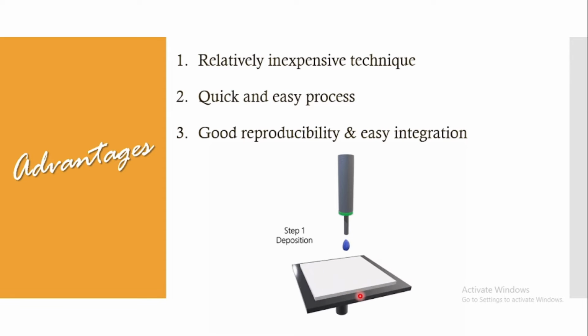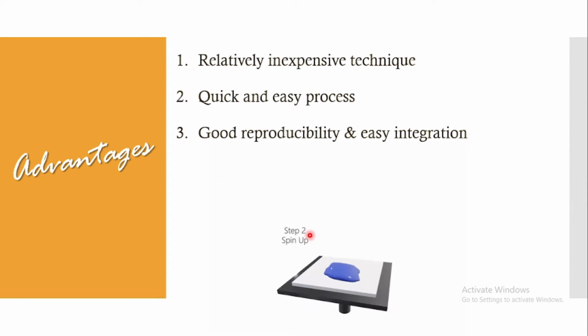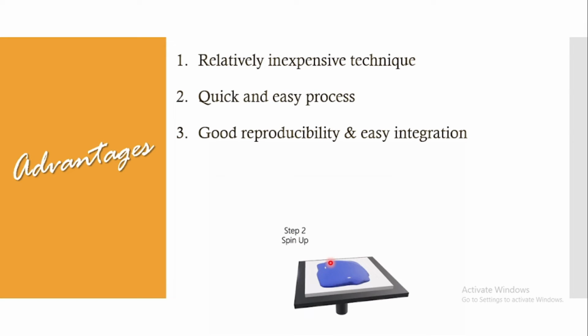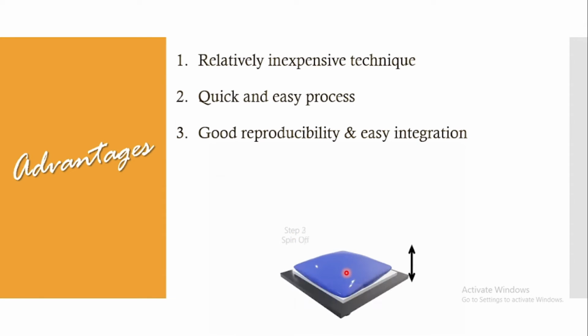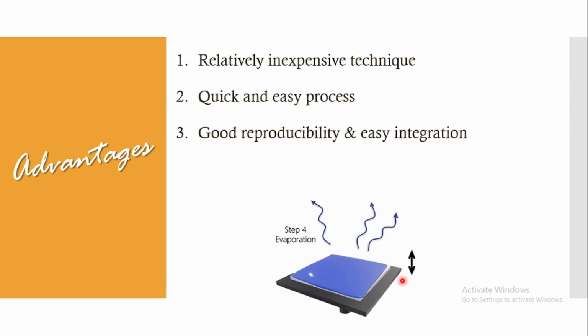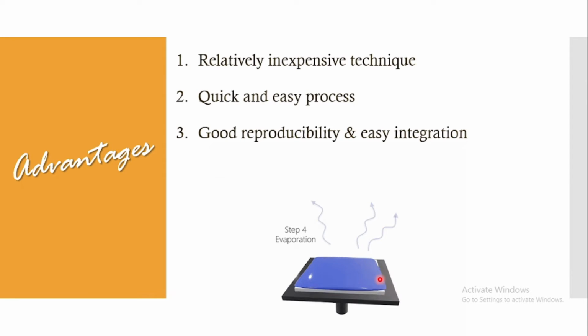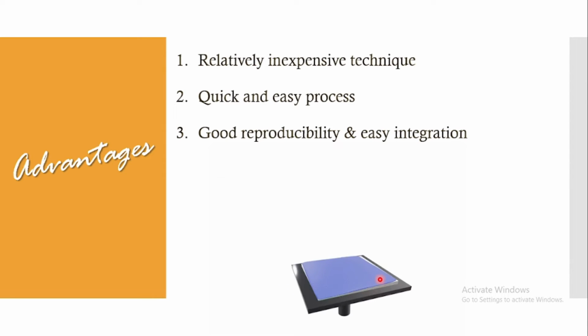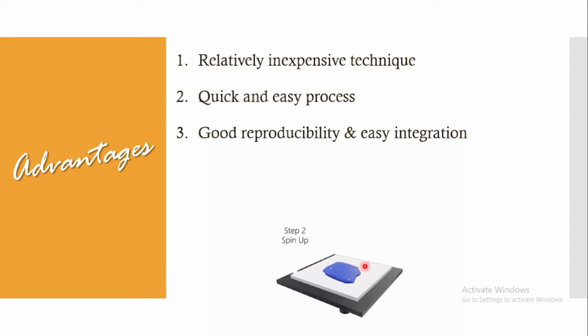So here clearly we can observe there is a substrate holder over which the substrate is kept. Using a pipette or something like that, the precursor solution is put over the substrate. Then the spin-up, where due to centrifugal force the precursor liquid will be spread over the surface, and due to higher angular velocity the extra liquid will be spun off and evaporation of solvent will occur.